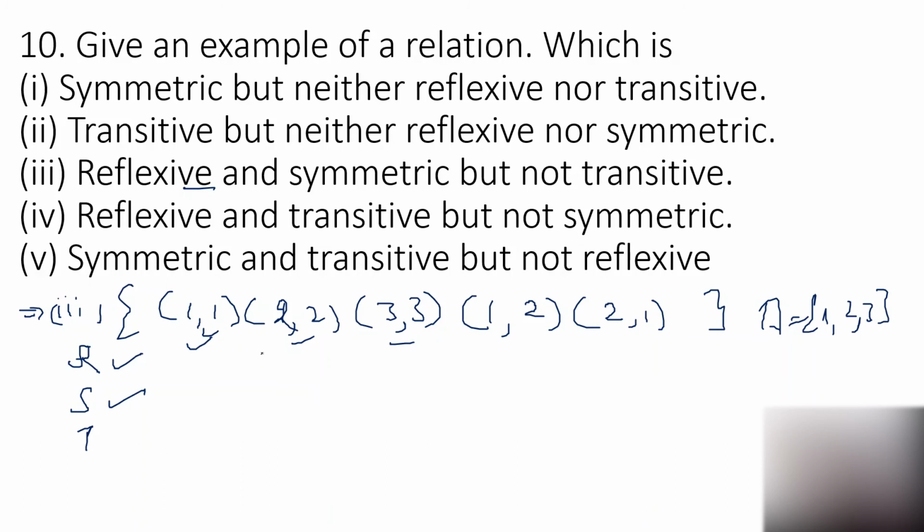Let's see, is it transitive or not? Right now it seems to be transitive. It means we must have something else with it, so that it will not become transitive.